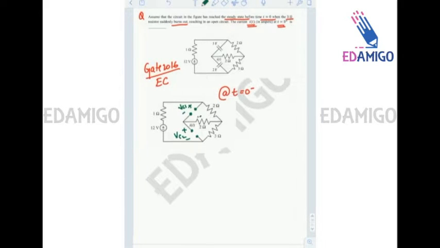Now we can see that this 2 ohm resistance has an open circuit on both sides, at the top as well as at the bottom.